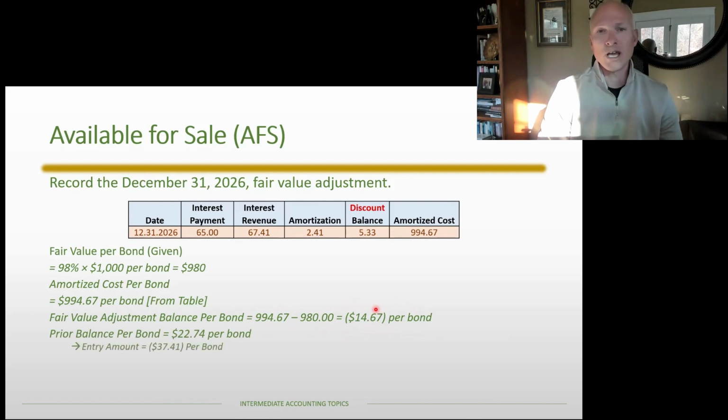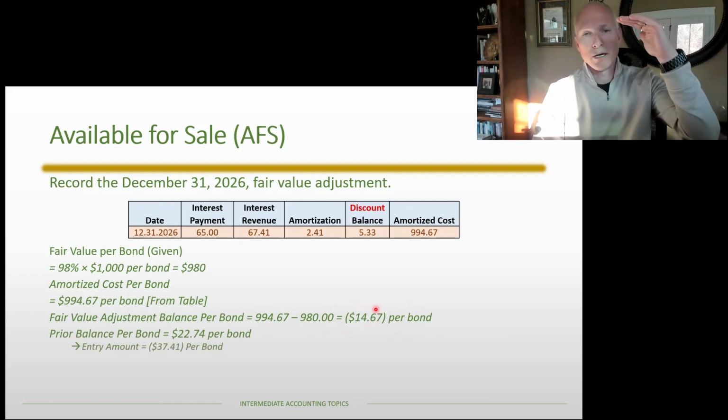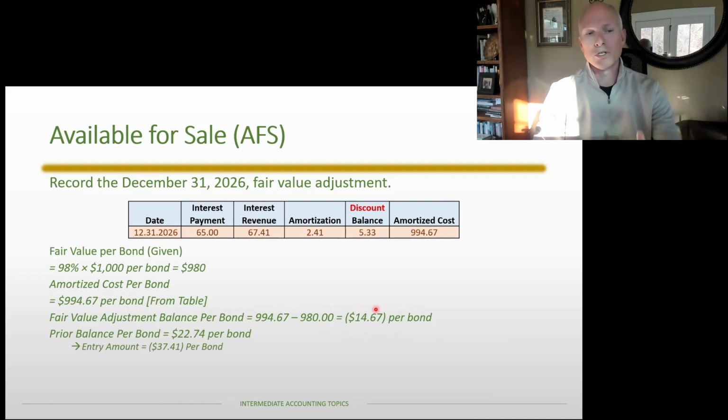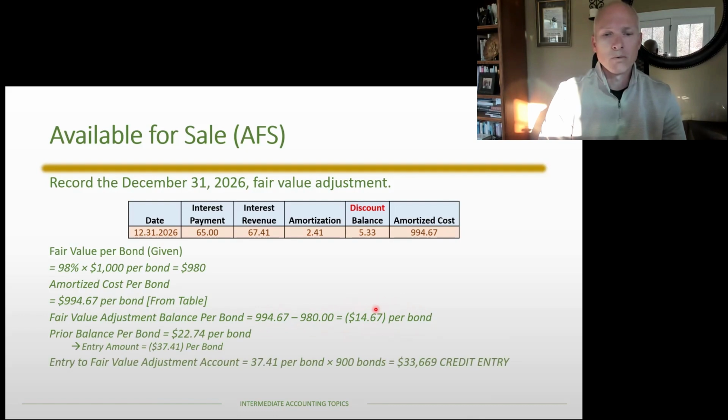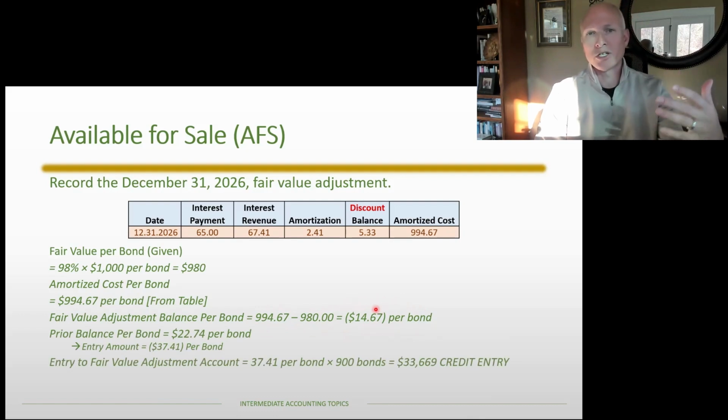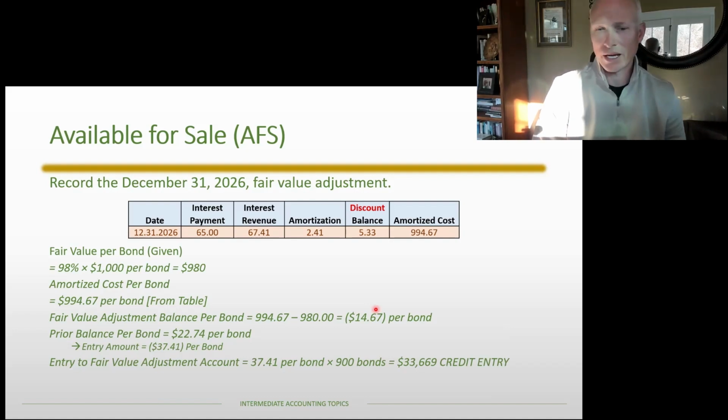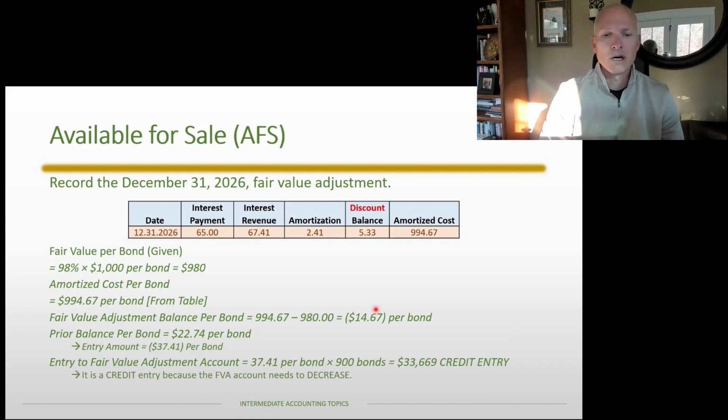And so the total change is that the value per bond needs to be reduced $37.41 for each bond. We apply that to those 900 bonds. And of course, because we're reducing the fair value adjustment account, we're going to credit that account $33,669. Again, it's a credit because we're decreasing the account.